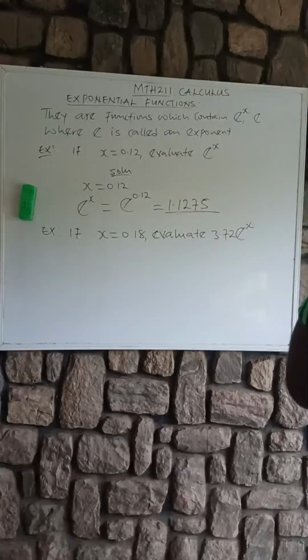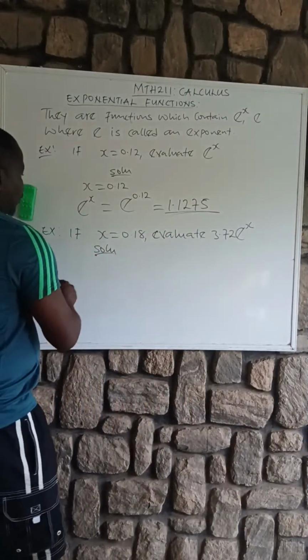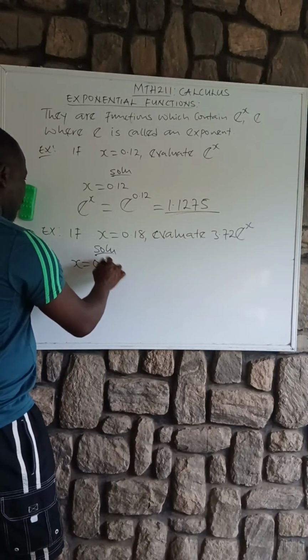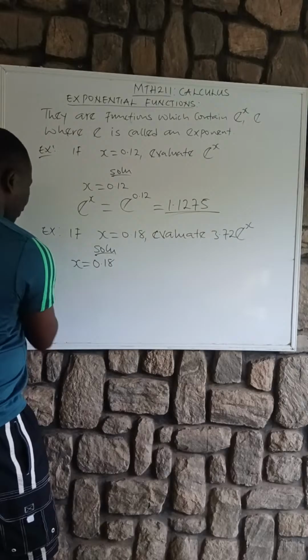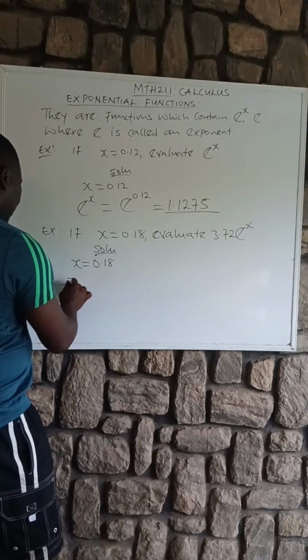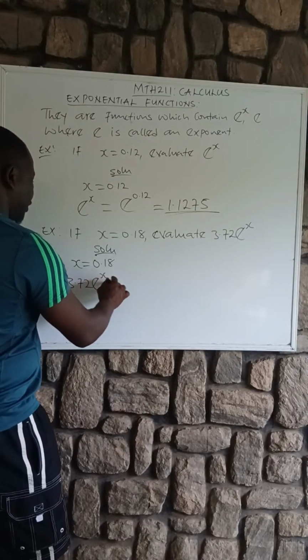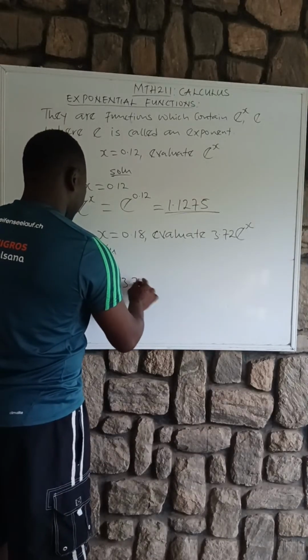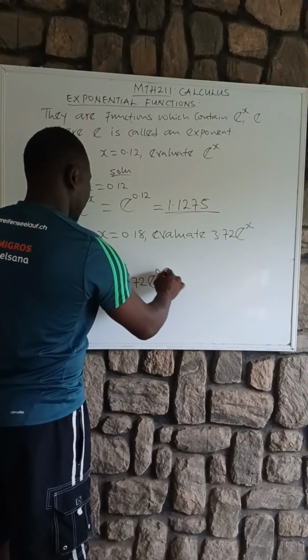What we need to do here is write the solution. So our x is equal to 0.18, then 3.72 exponential x will now be equal to 3.72 exponential 0.18.